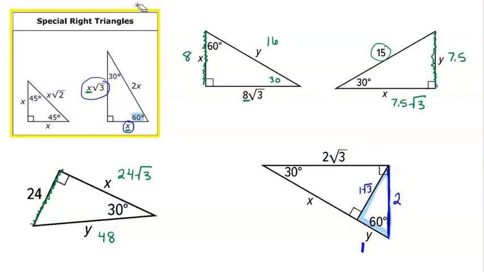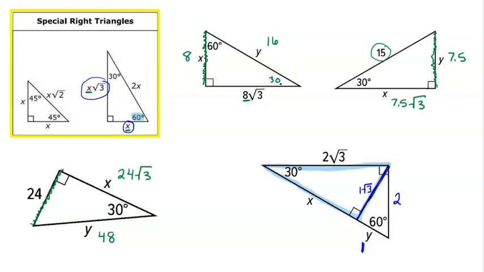And then that makes finding x a little bit easier, right? So now I can focus on this one, where this one is now my shorter leg.